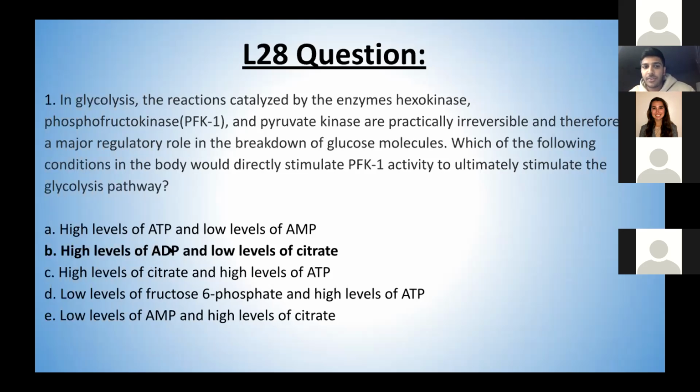And low levels of citrate, which is one of those high energy molecules. So low levels of that and high levels of another low energy molecule, this is going to be your answer, because everything else is going to be high levels of energy, which is going to inhibit the pathway. And so that's why B is the correct answer.